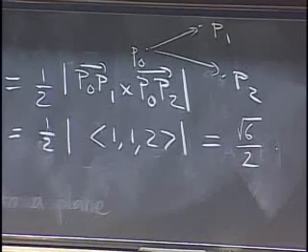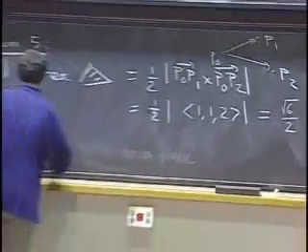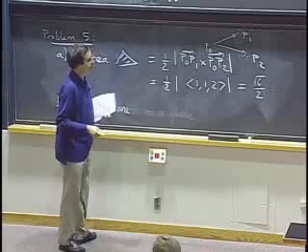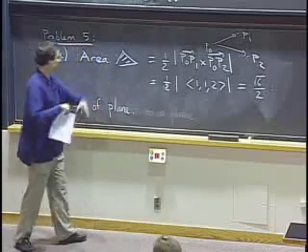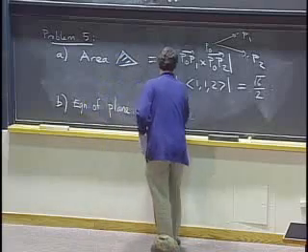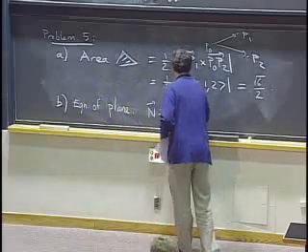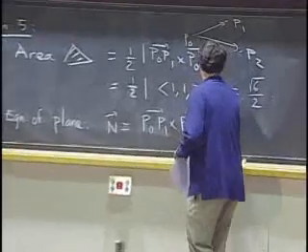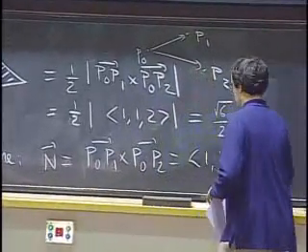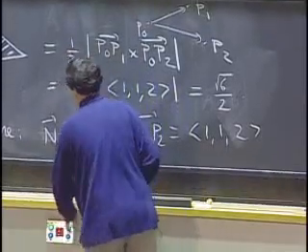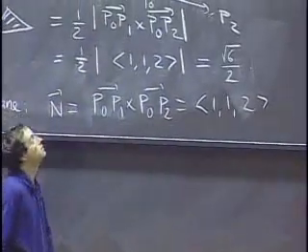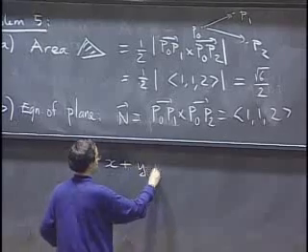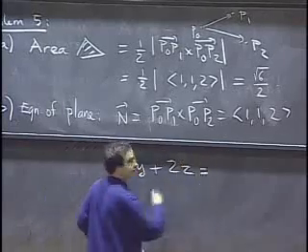The second one is asking you for the equation of a plane, containing these 3 points. Well, first of all, we know that the normal vector to the plane is going to be given by this cross product again. Okay? So that means that the equation of a plane will be of the form x plus y plus 2z equals something.